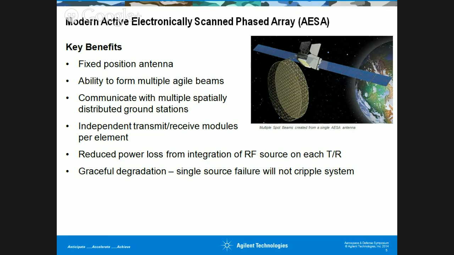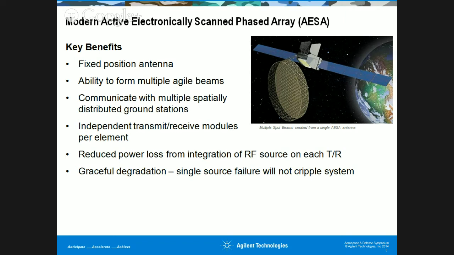Independent transmit and receive modules are there per element, as I just mentioned. How does it benefit you? It also helps reduce power loss from the integration of the RF source on each transmitter. What happens in case you are having a dish, or a passive element? This is being driven by a single amplifier behind.